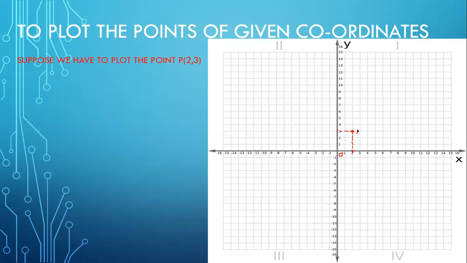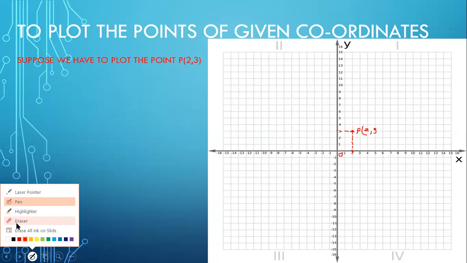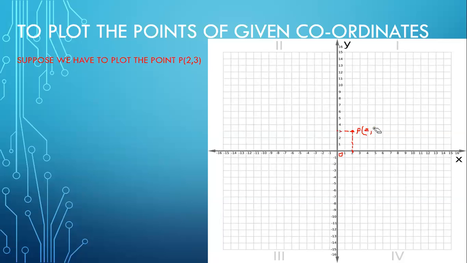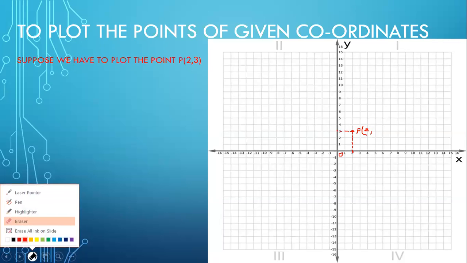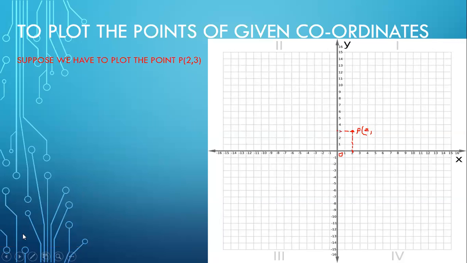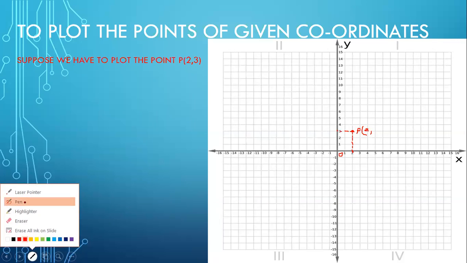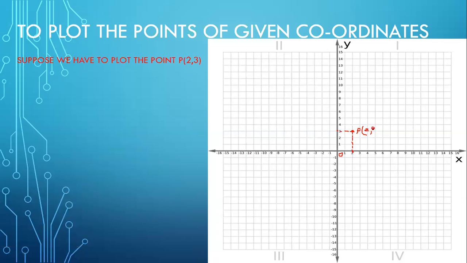So we have to name this point as point P and write the coordinates in the bracket as (2, 3). Okay. So this is the way we plot a point on a graph.